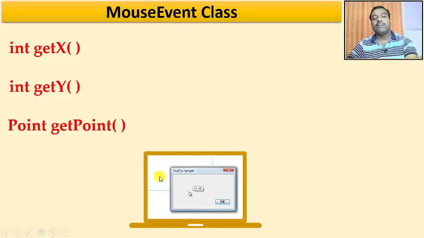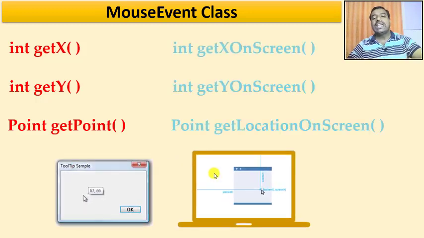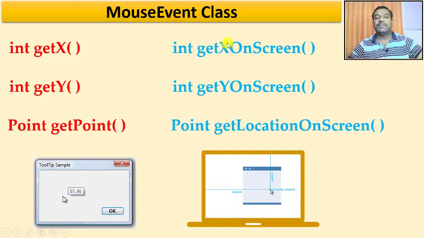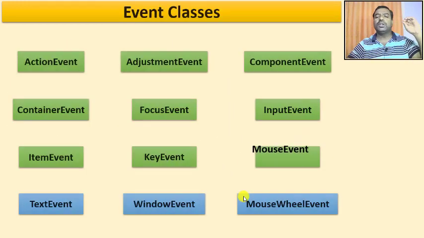If you want to get the mouse position on the screen, I am going to use these methods: getXOnScreen, getYOnScreen, and getLocationOnScreen. If I use the earlier methods, they give me the current mouse coordinates relative to the window I have created. And if I use these, they give me the position wherever it is on the screen. And this is the MouseEvent.